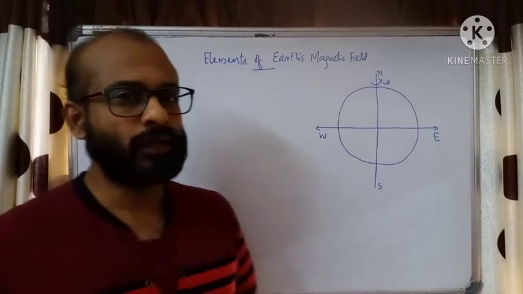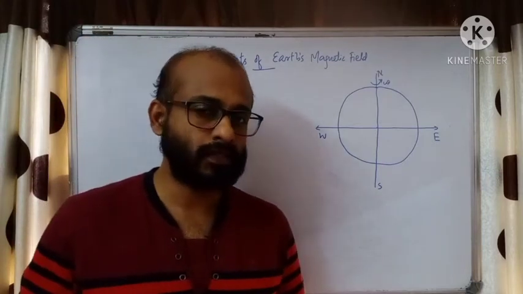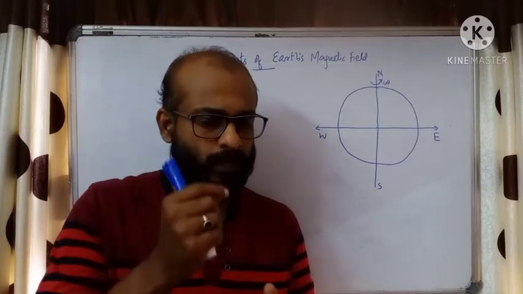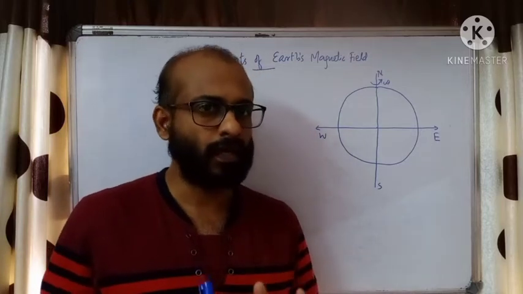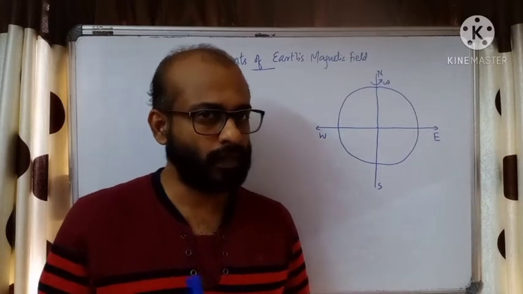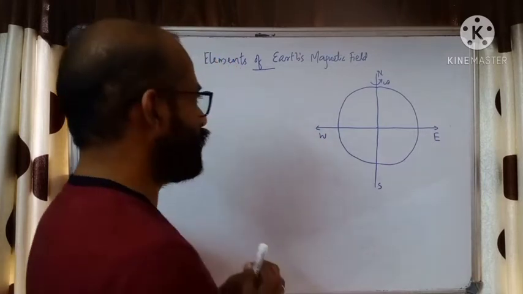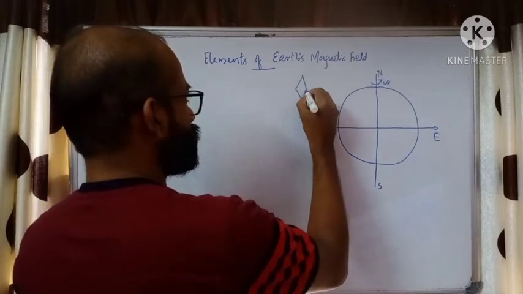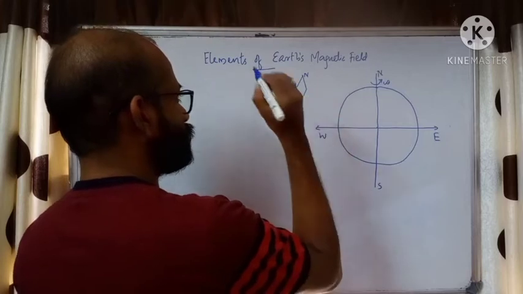Now what is observed is that if you suspend a compass needle, it always aligns in the north-south direction. It will be aligning towards geographic north and geographic south. For example, we can represent a compass needle like this. The compass needle has two poles, north and south.